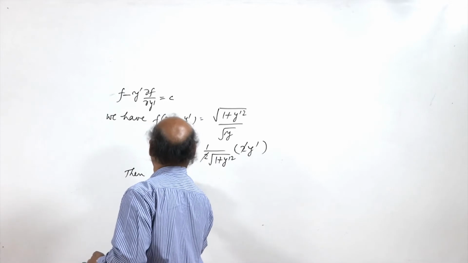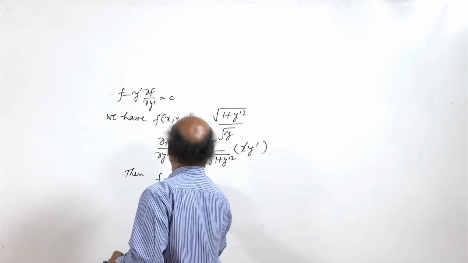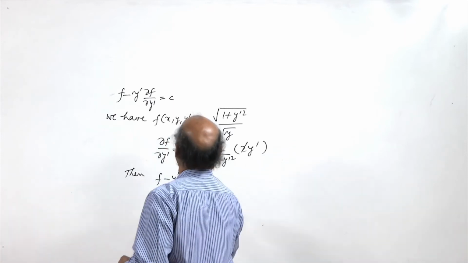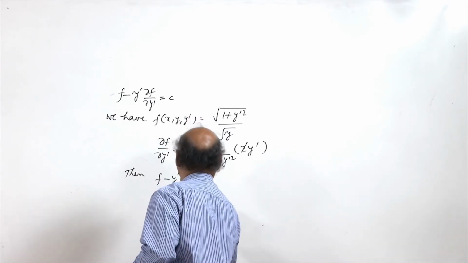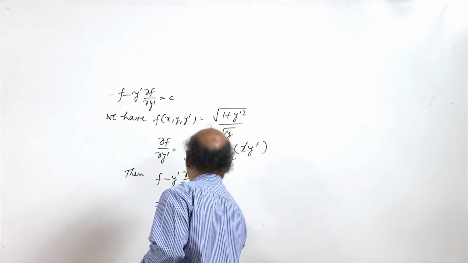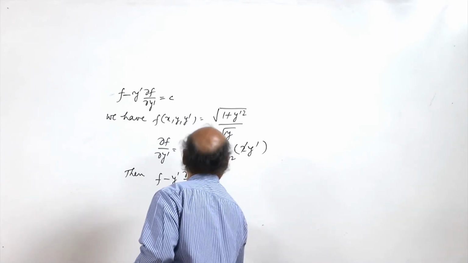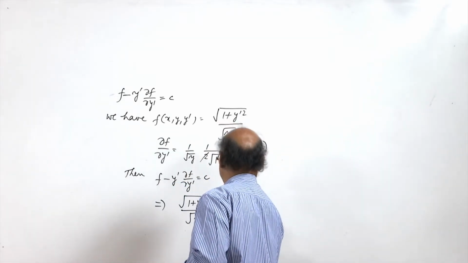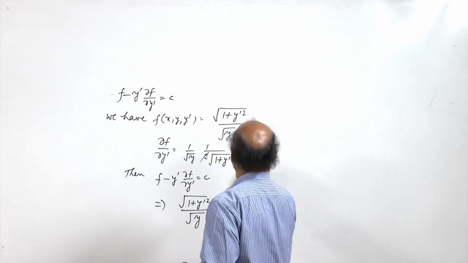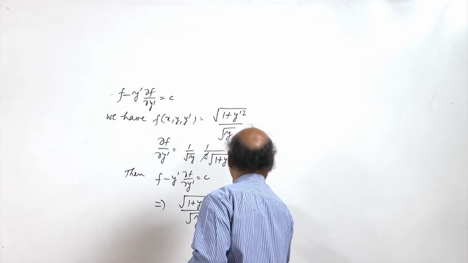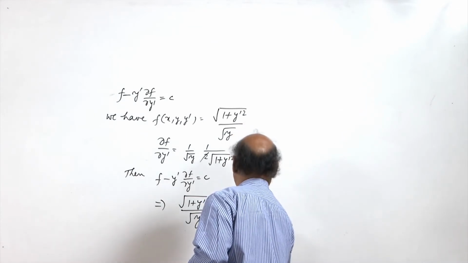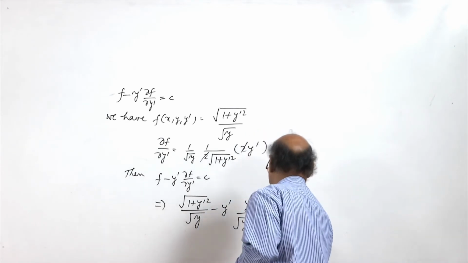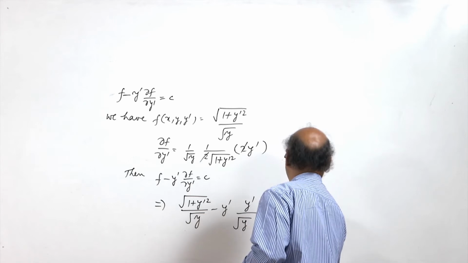f − y' ∂f/∂y' equal to c gives us root of (1 + y'^2) divided by root y minus y' times y' divided by root y into root of (1 + y'^2) equal to c.